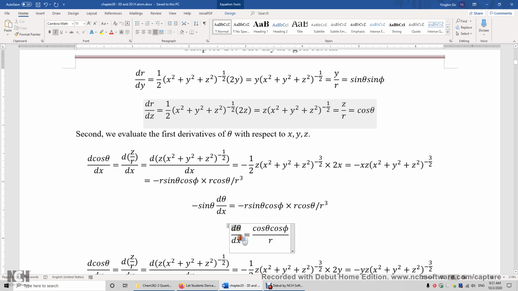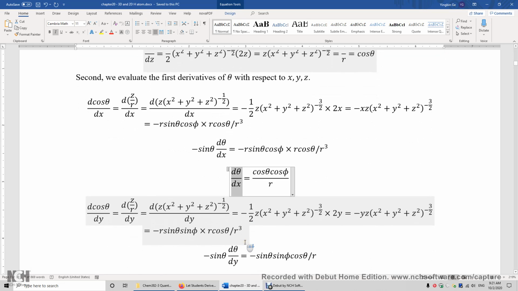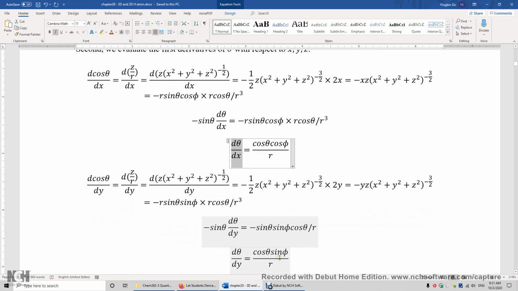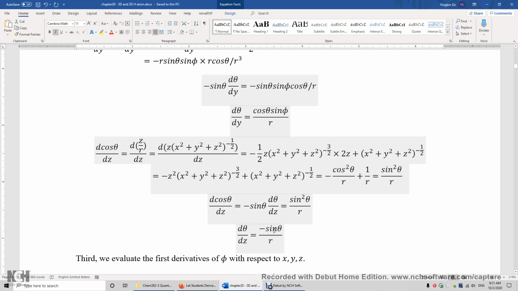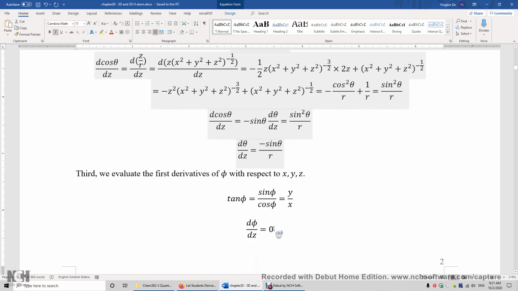Again, when you see d theta over dx, this is actually delta theta over delta x with y and z being held constant. And then we can do d theta over dy, it's right here, d theta over dz. Okay, it's here. And then we can do d phi over dx, d phi over dy, d phi over dz.